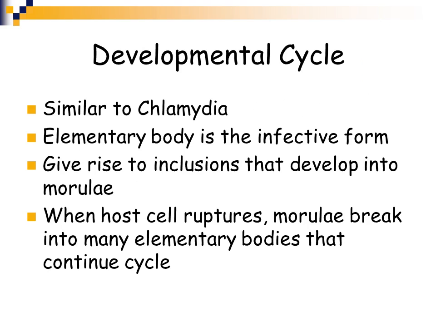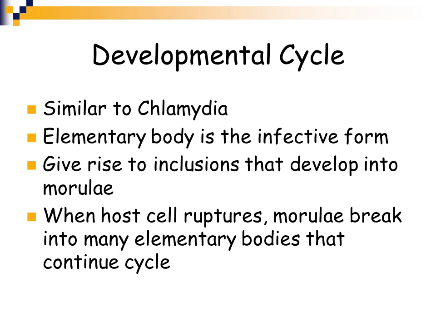Now, we already said developmental cycle. The Ehrlichia is very similar to chlamydia. You have an elementary body. That is the stage of the Ehrlichia organism that will infect individuals. What happens is the elementary body gets into the body, gets inside cells, and generates inclusions. Then it changes its stage and develops into what's called morulae.